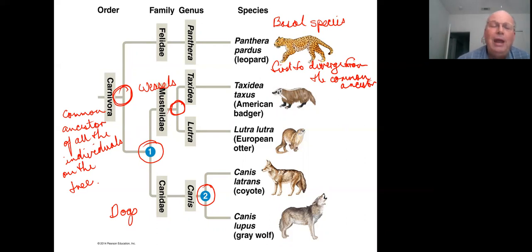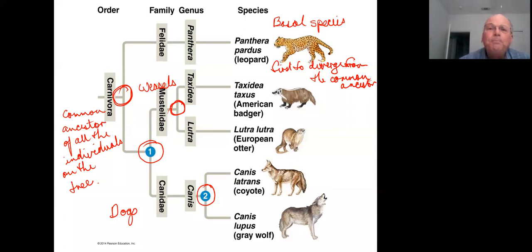Now, if you have species that do share a common branch point, you can refer to them as sister species or sister groups. And they do share some common features as a consequence of sharing a common ancestor, but they will have their own unique features as well. So you have to look for common branch points.